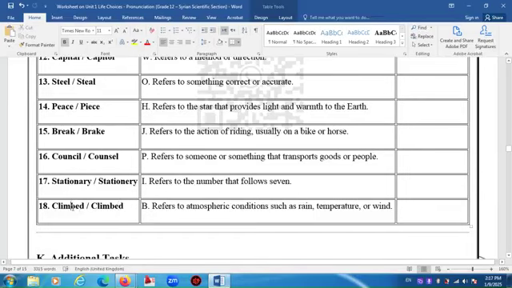But of course they have different meanings. Let's see.